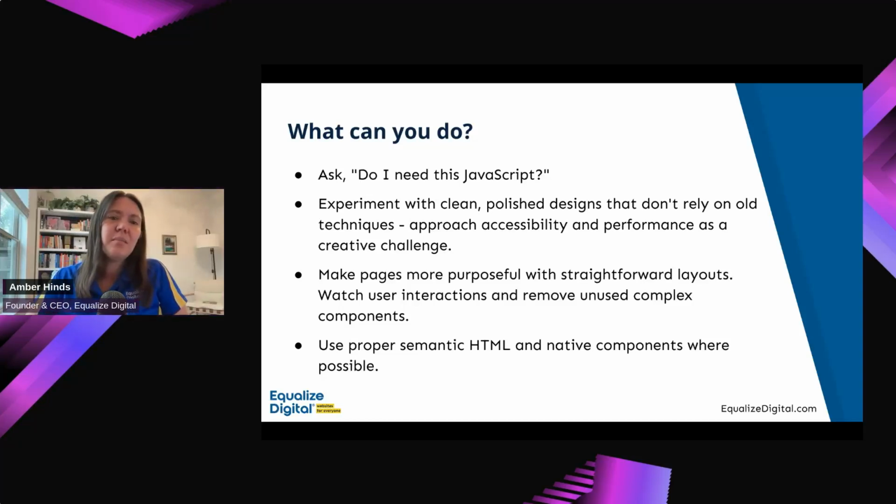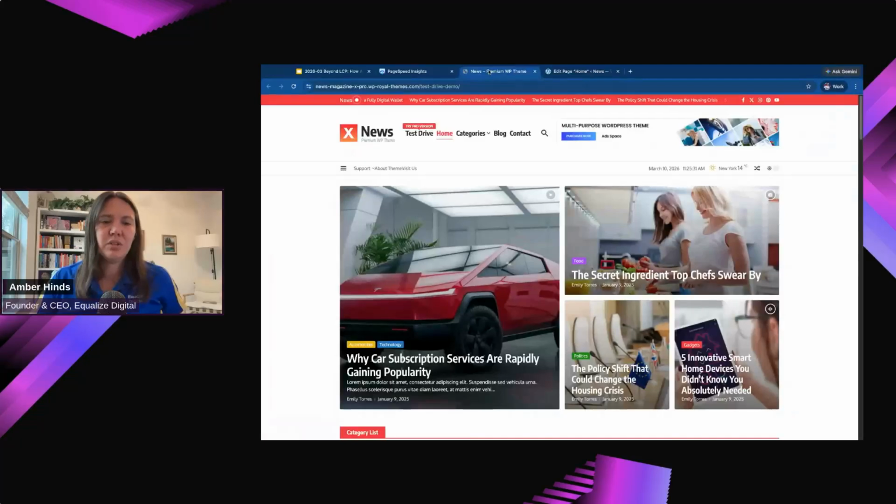Along the same lines, make pages more purposeful with straightforward layouts. I want to go back to this site we are looking at here. Let's say this was my news website, and it's so easy to fall into this idea of we have to get as much content as possible on the home page, right? We have the scrolling ticker across the top.